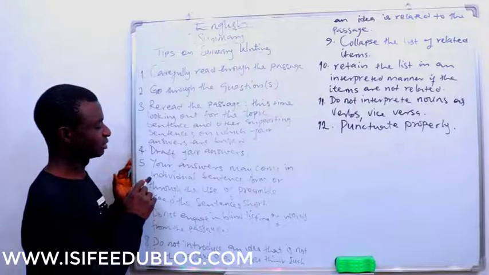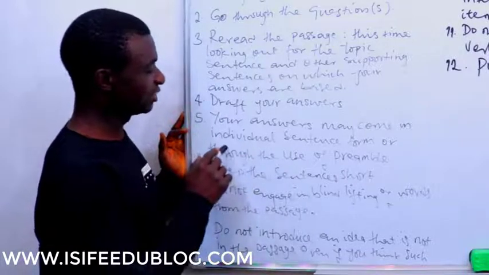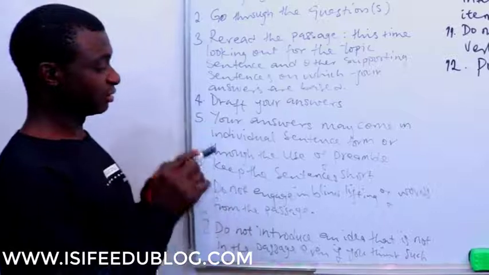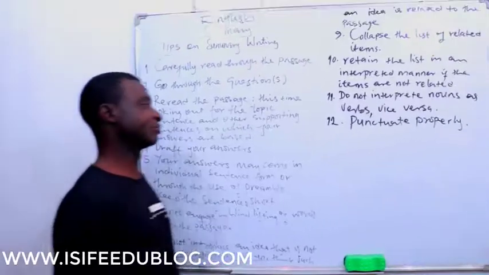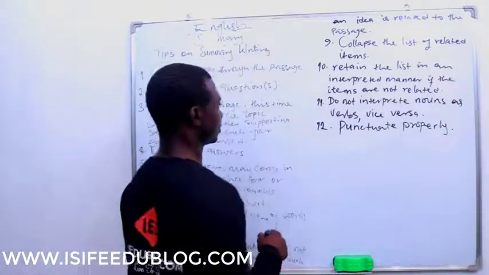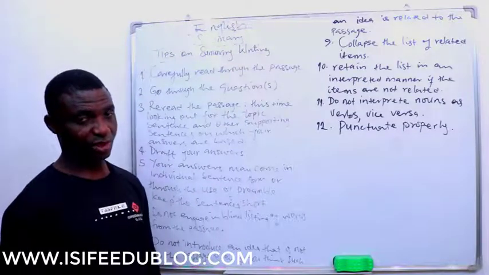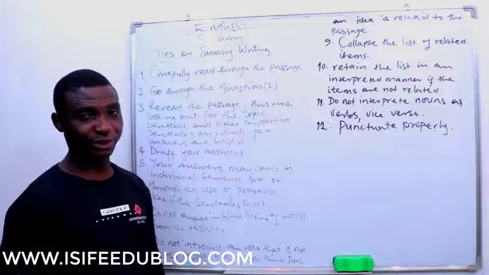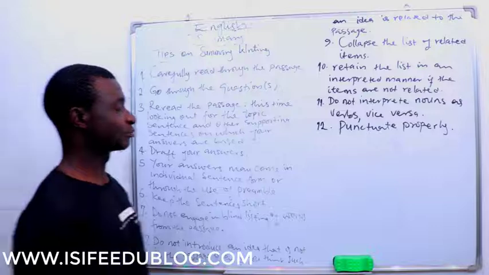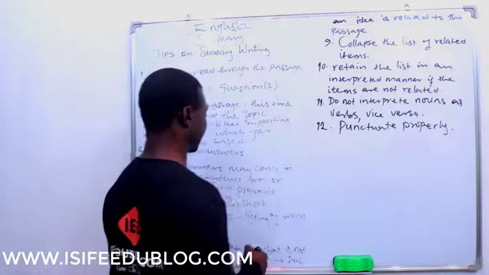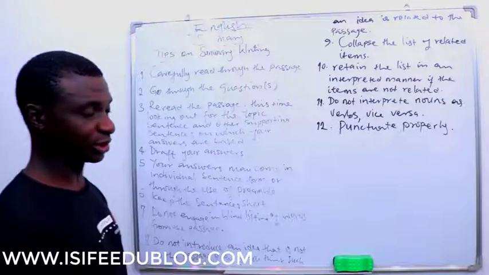Number 5 says, your answers may come in individual sentence form or through the use of preamble. What do I mean here? Let's assume that the passage is on the importance of agriculture, and there have been 6, 7, 8 points. Alright? If the writer says, in 6 sentences, 1 for each, summarize the importance of agriculture.